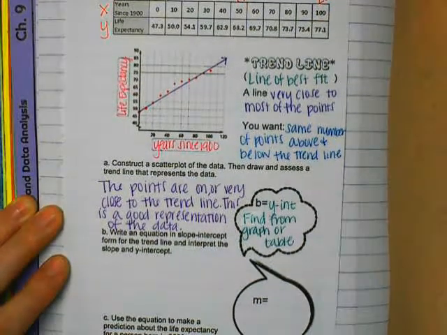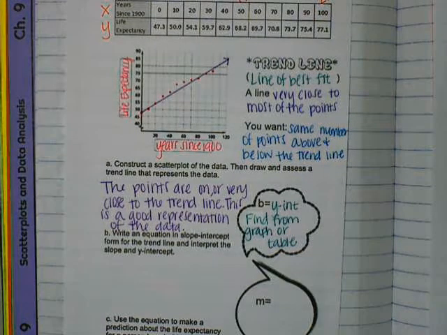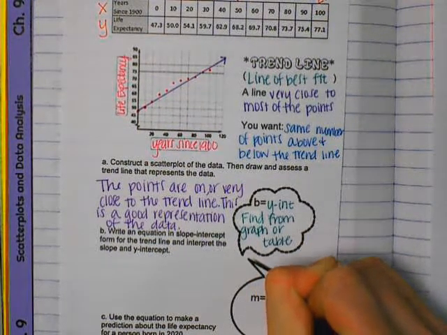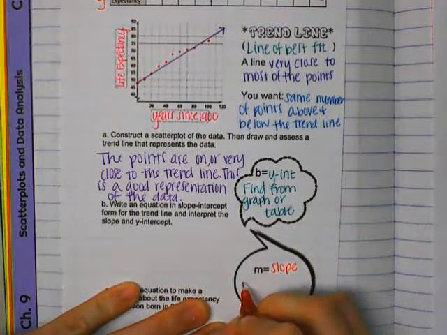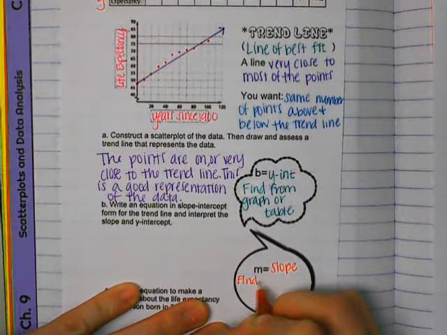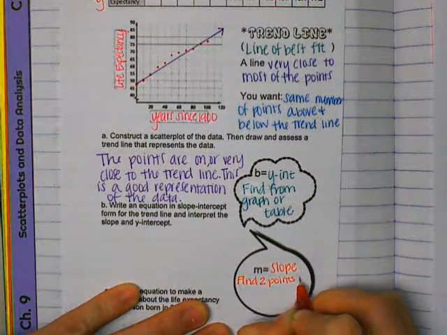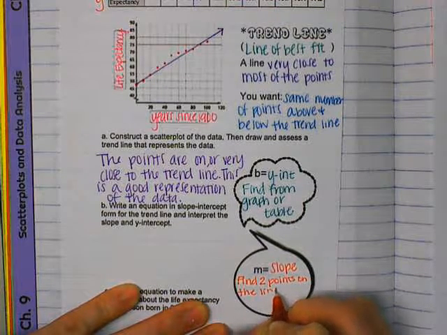All right. M is our slope. How we find slope is we are going to find 2 points on the line. We're going to be specific here.